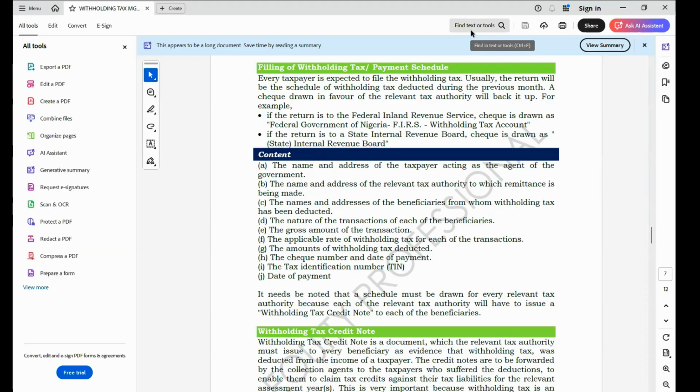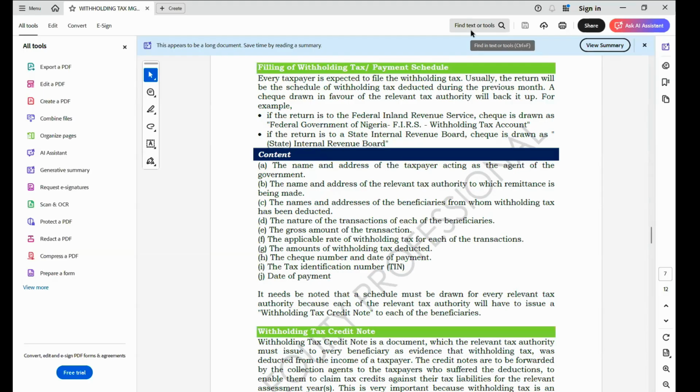So you can remit the withholding tax by paying through the bank, because this schedule is usually done that way. You don't need to go to the relevant tax authority. You just visit the bank with the schedule, and the bank will collect the payment from you and also acknowledge it.